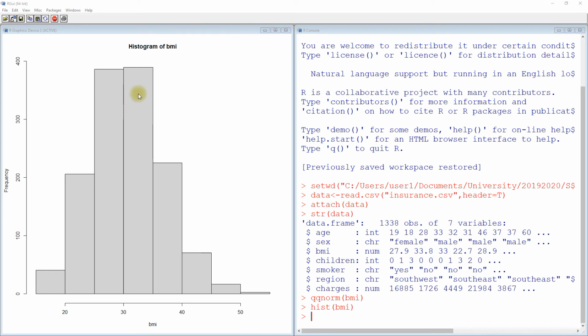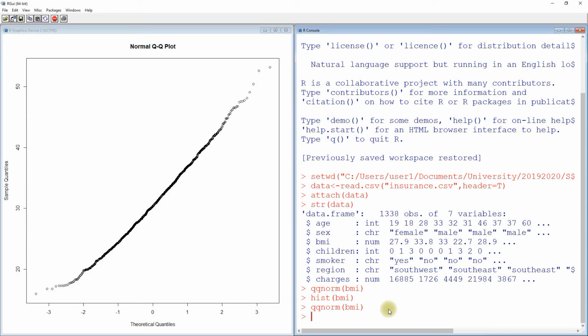Now, this is the simplest way of drawing a QQ plot, just by typing a function and you are done, especially for the normal distribution where you want to check for departure from normality. Let's run this QQ norm and you will see there are theoretical quantiles which start from around -3 to 3, which basically refers to the standard normal distribution. But the sample quantiles are not on the same scale.